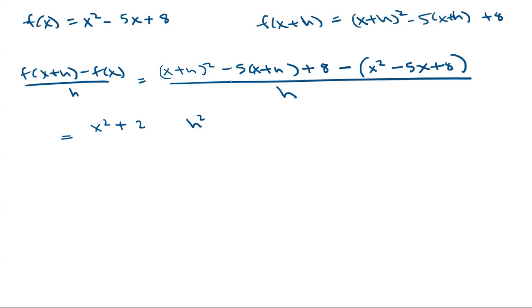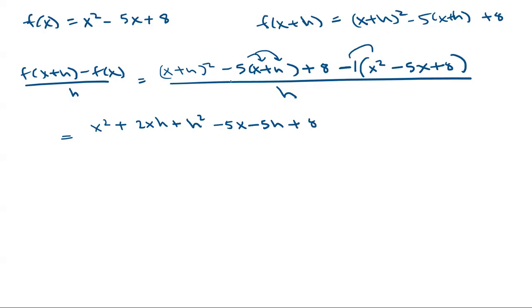So x times h is xh, then double it, it becomes 2xh plus h squared. Again, if you don't feel comfortable doing that, go ahead and FOIL those two out by multiplying x plus h times x plus h. And then this negative 5 is distributed, so that becomes negative 5x minus 5h. And then we have the plus 8.